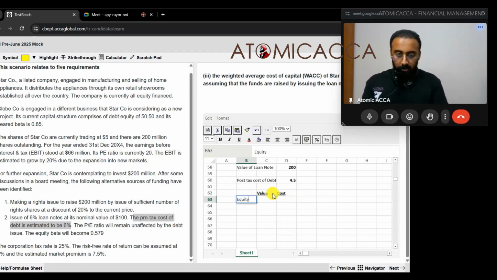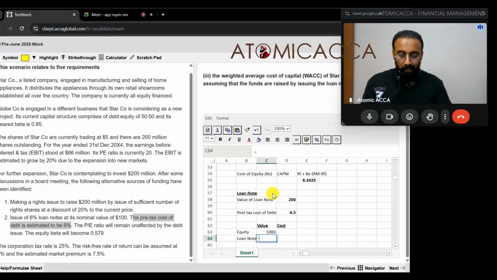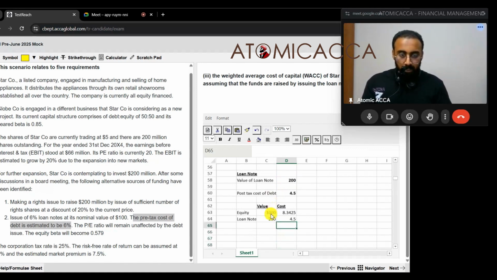Then we can write the sources we have. We have equity and we have a loan note. What is the value of equity? Value of equity is 1000. What is the value of loan note? Value of loan note is 200. What is the cost we have? Cost of equity is 8.3, this one. What is the loan notes we have? Loan note cost is this one. Then what we will do is we will sum up the values.